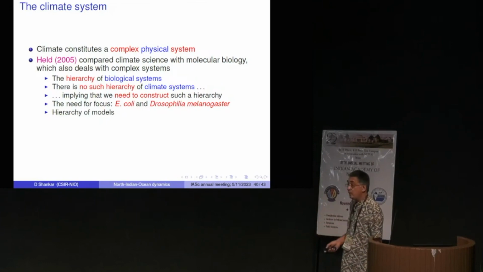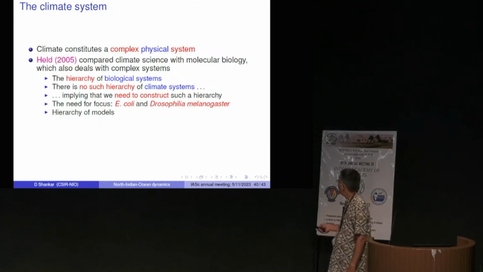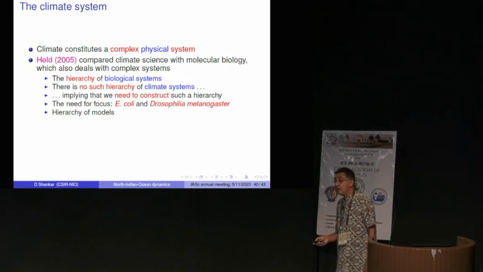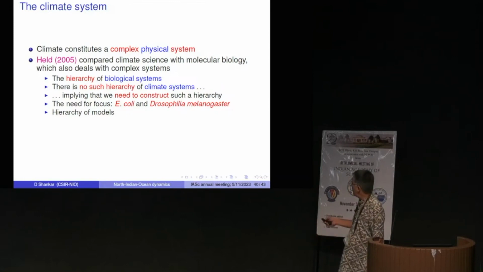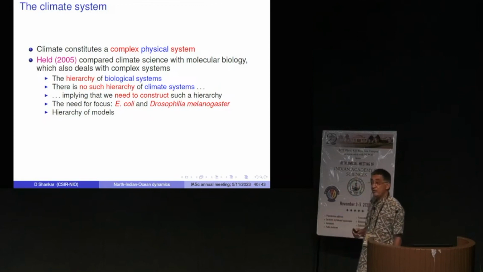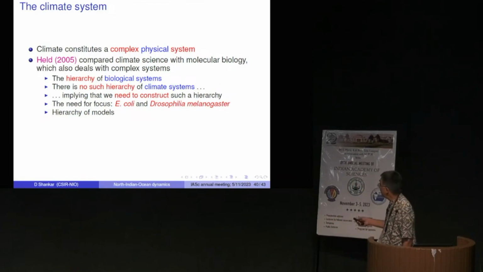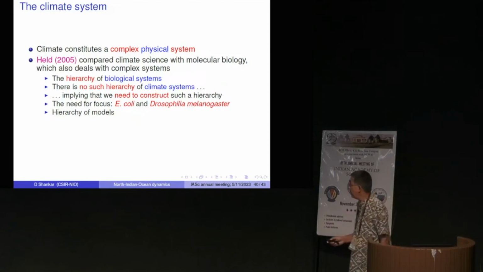There is no such hierarchy of climate systems. So you have to construct a mental hierarchy of these climate systems if you want to do what biologists have been able to do. Held compared the phenomenal progress in molecular biology over the last few decades with the relatively poorer progress made in climate science.